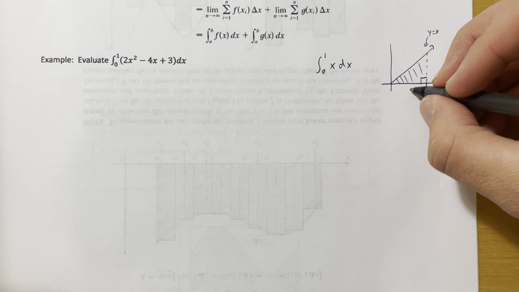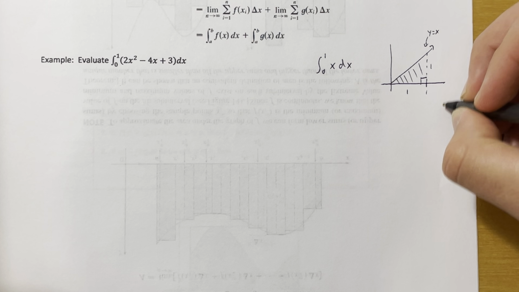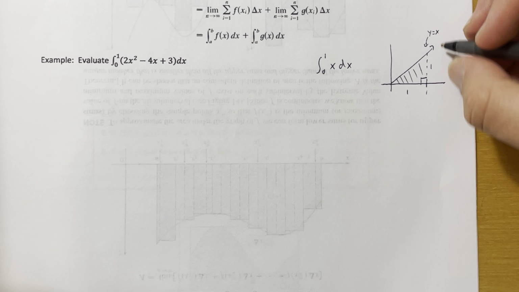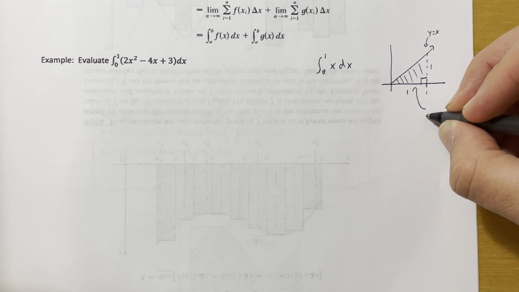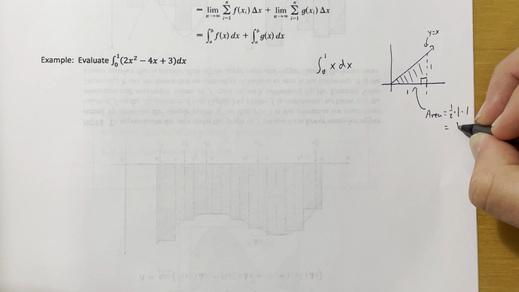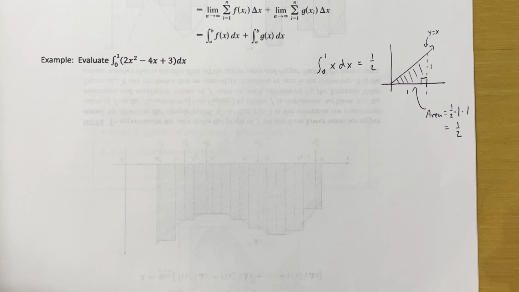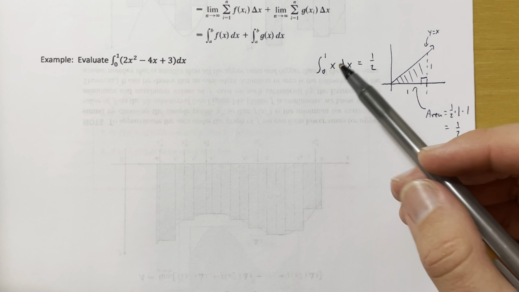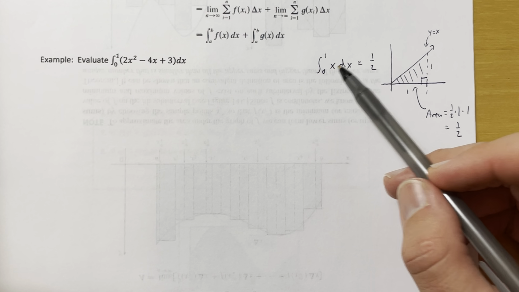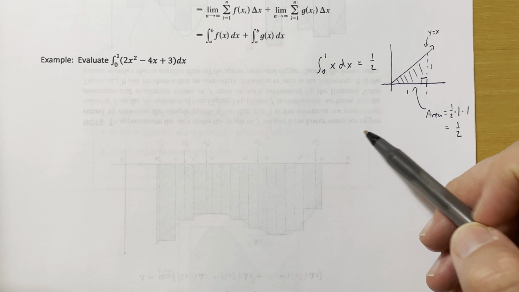This triangle will have a base of 1 and a height of 1. So the area is equal to 1/2 times base times height, or just 1/2. So that tells me, just using a geometric formula, that the integral from 0 to 1 of the function x dx is just 1/2. Okay?